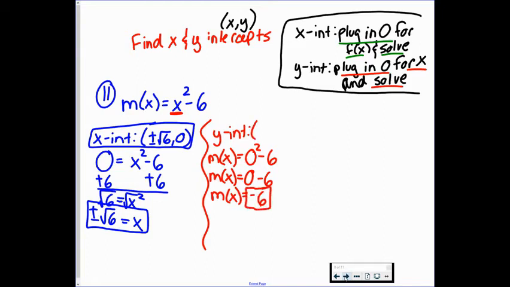So the y-intercept, 0, was what I plugged in for the x, and negative 6 is what we got when we solved. So that's a little review for you over how to find x and y intercepts. This came from section 1.3a, by the way, if you needed help reviewing x and y intercepts.